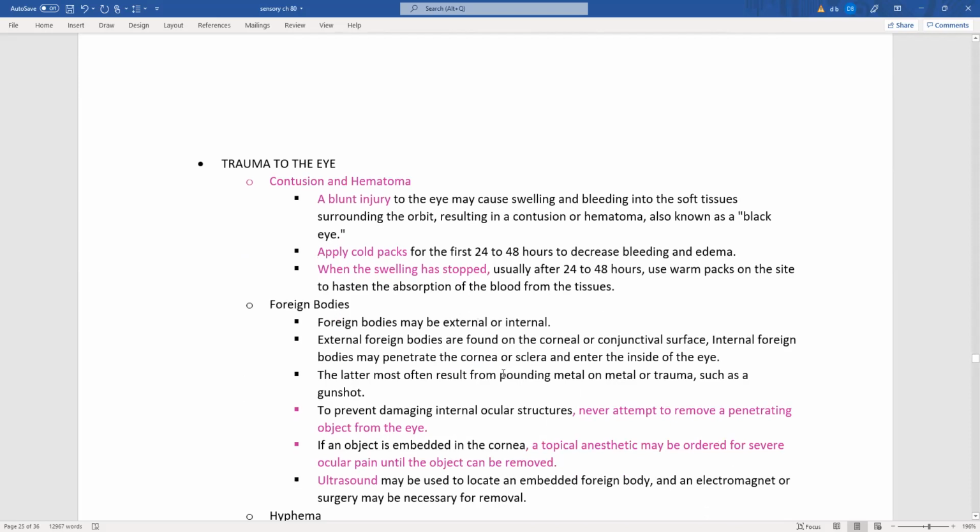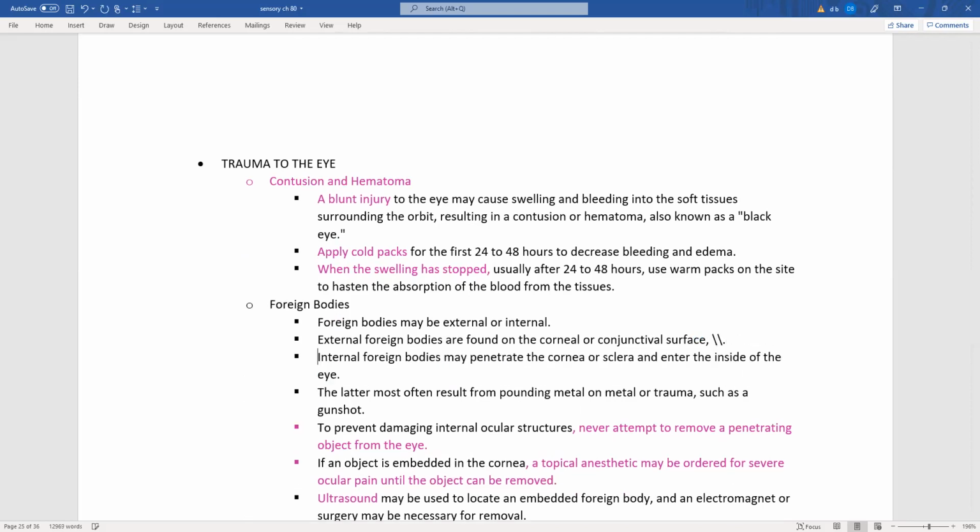Foreign bodies may be external or internal. External foreign bodies are found on the corneal or conjunctival surface.